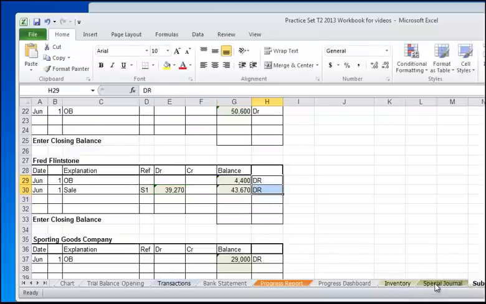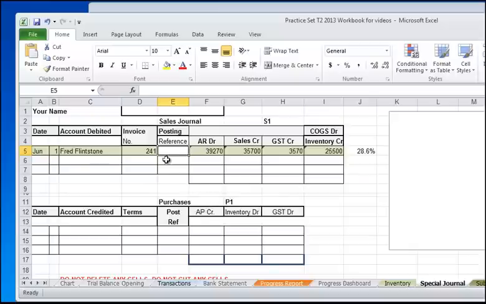Now, to indicate that we have posted that to the subsidiary ledger, we come back here and we put a tick in the sales journal column. Well, in fact, we don't put a tick. That's what we used to do before computers became more prevalent, and now we put in a T to stand for tick. So put in a T to say, yep, we've posted that item. So that's our first transaction done.